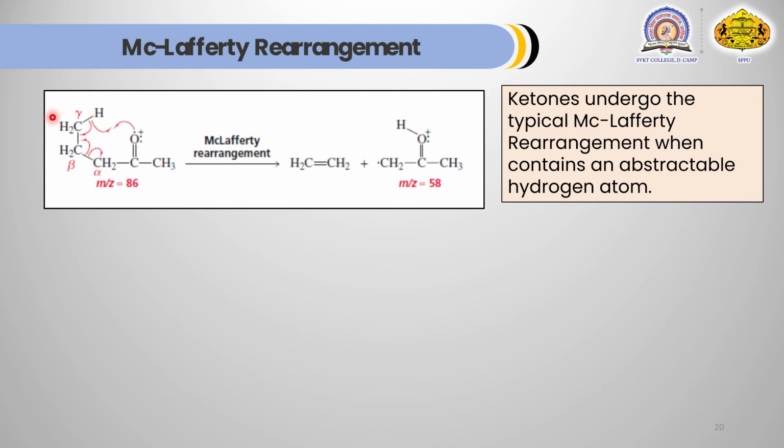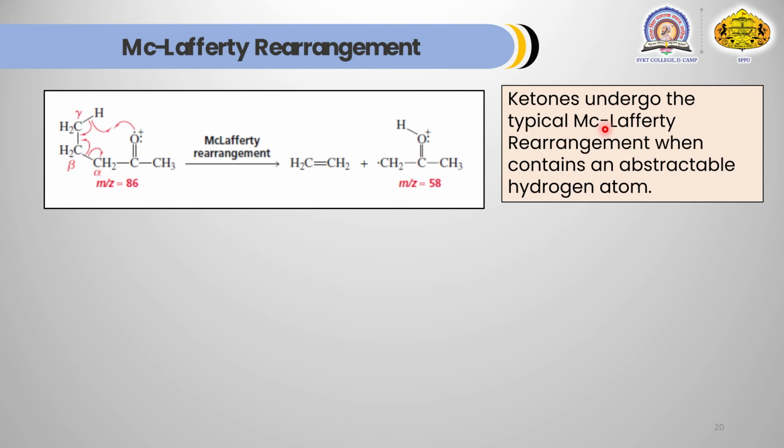This means that when we introduce this molecule in the mass spectrometer, we get a peak at m/z equal to 58. At 58 we get a peak, and that is due to the formation of this cation radical.